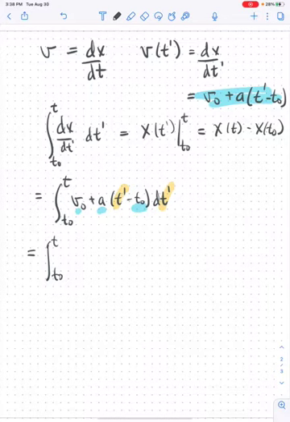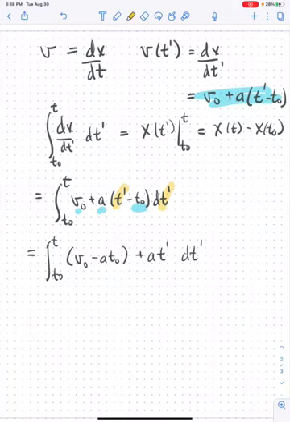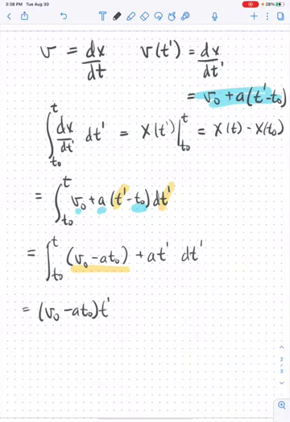Got the integral from t naught to t, v naught minus a t naught plus a t prime, dt prime. So this thing is just integrating a constant. So we've got v naught minus a t naught times t prime evaluated from t prime equals t naught to t prime equals t.